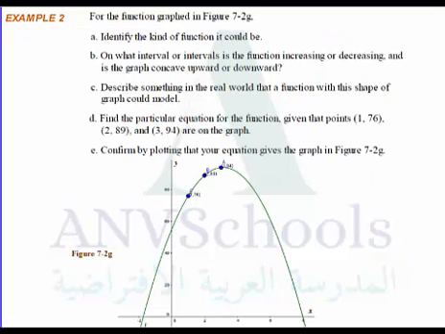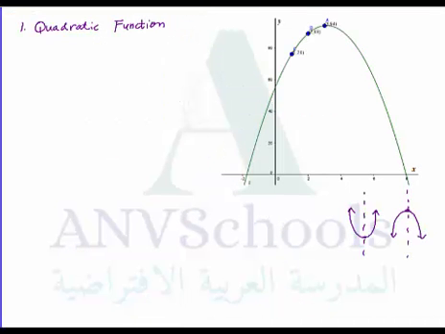Letter B, on what interval or intervals is the function increasing or decreasing? Seeing the graph on the right, we could see that this function is increasing for x less than or equal to 3.